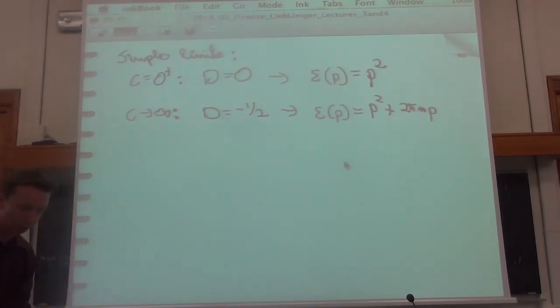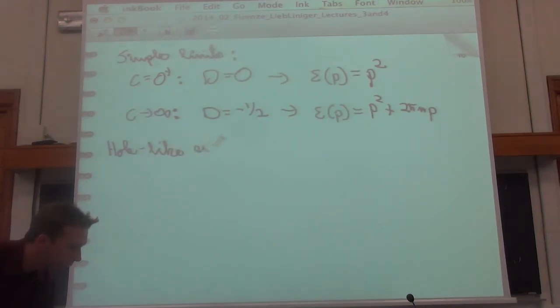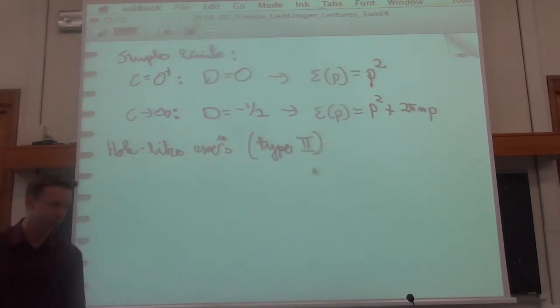Okay? Now there's another set of excitations that we can construct. These are the hole-like excitations. And, no surprise here, type 2. Write it in Latin letters so it looks more serious. Type 2.